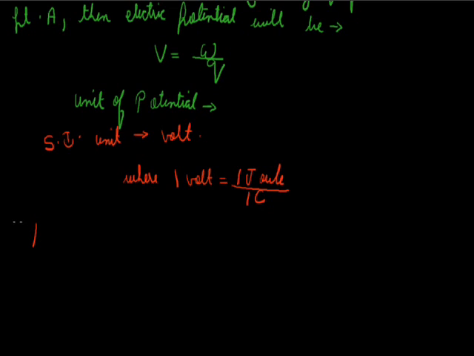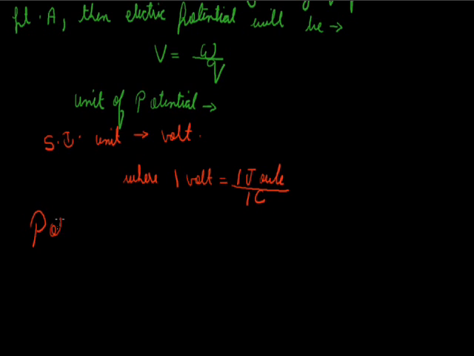For a current to flow, the necessary condition is that there must exist a potential difference, which is defined between 2 points in an electric field. It is defined as the amount of work done in moving a unit positive charge.